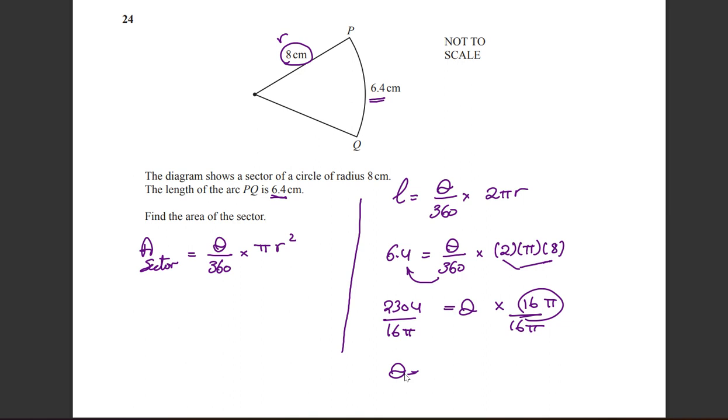So back here to the area, and put 45.8 over 360 multiplied by pi multiplied by r, which is 8 squared. So the area we can also calculate, 25.6 centimeter squared.